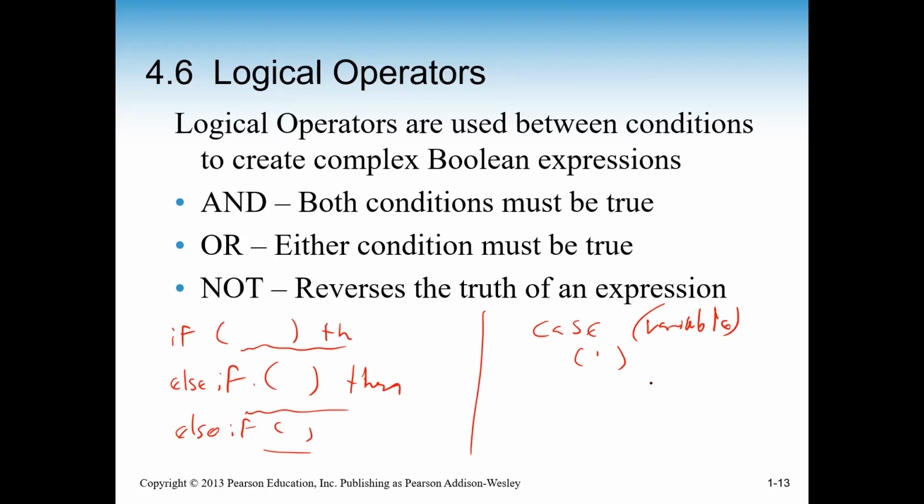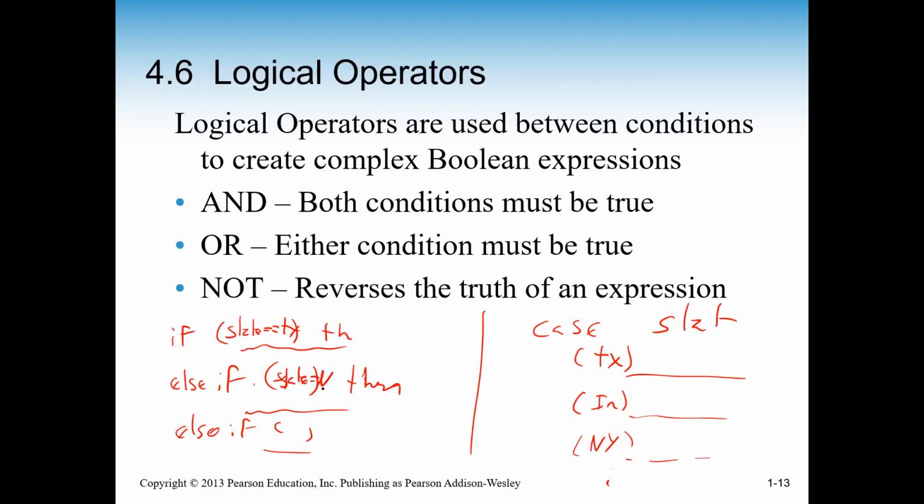Let's say the variable is state. Actually, let me do that. State, and then I'm going to say here Texas, right? And then that's the rate for Texas. Then you have Indiana. You have New York, and so on. Do you see that? Whereas here you'd have to ask, is state equal Texas, then that, is state equal New York. It's a little bit more wordy. Do you see that?